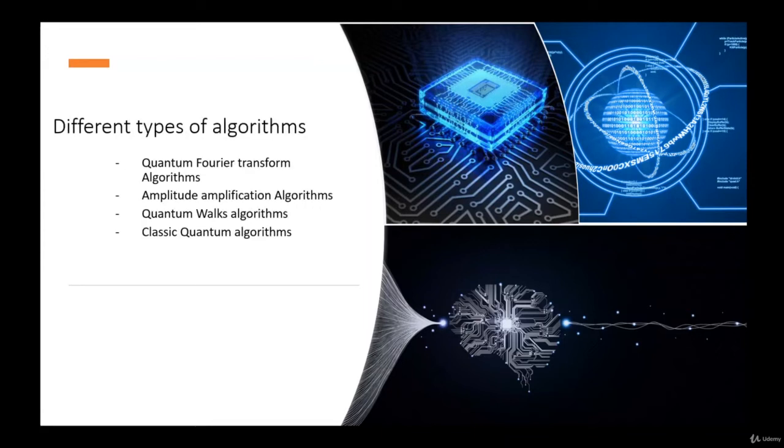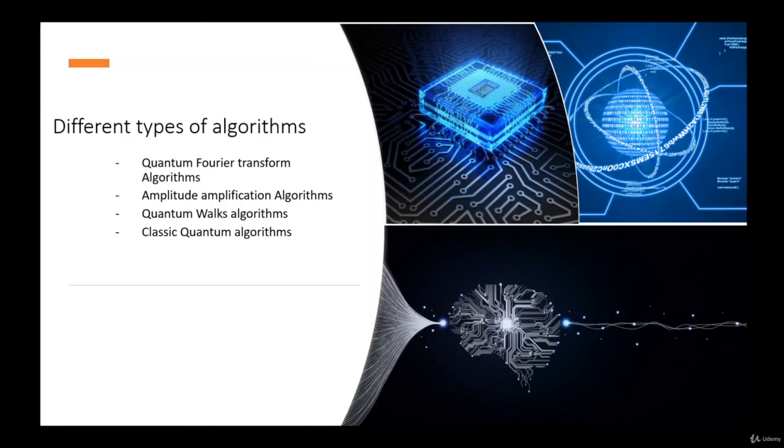Now, what are the different types of quantum algorithms that exist? There are some other types of quantum algorithms, but those, in my opinion, are the most popular. The first one will be the Fourier transform algorithm, which is the quantum version of the discrete Fourier transform. It can be integrated very efficiently in a quantum computer.